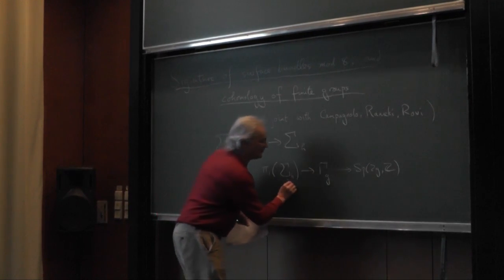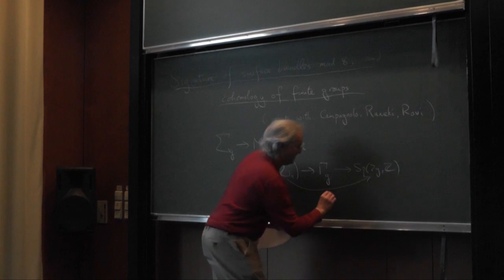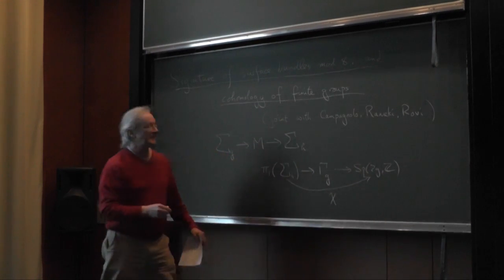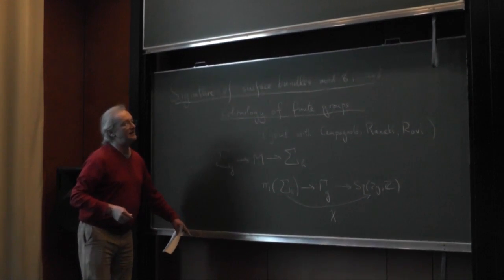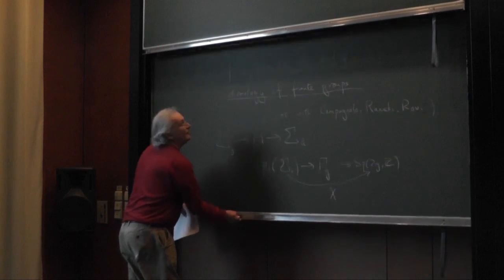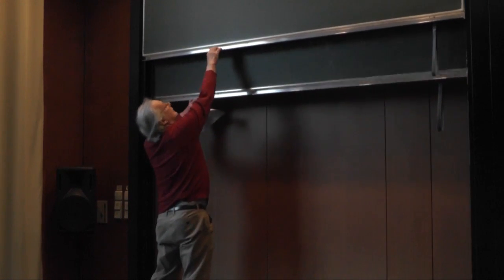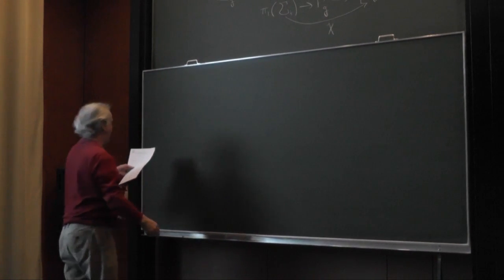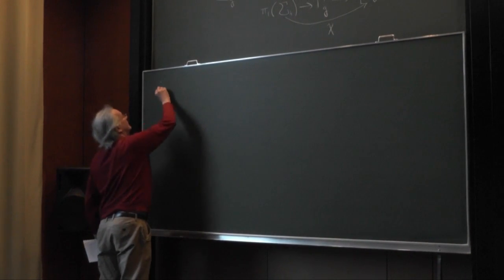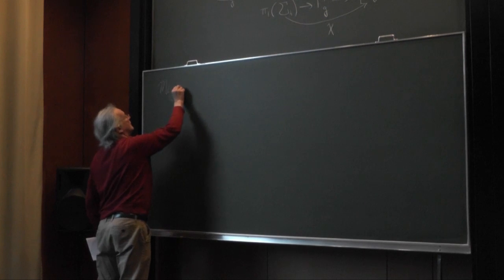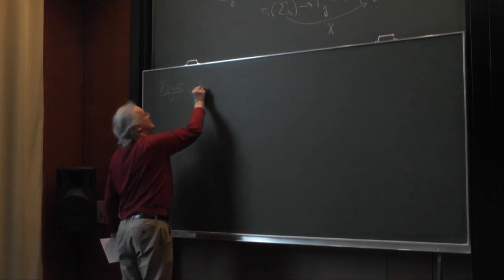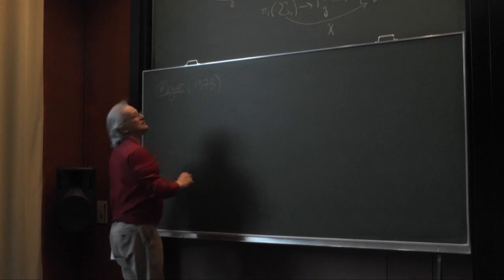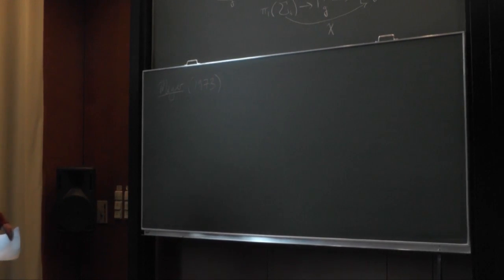And we're going to call the composite of these two maps chi. And we have a theorem of Meyer from 1973, which tells you how to compute the signature of M.